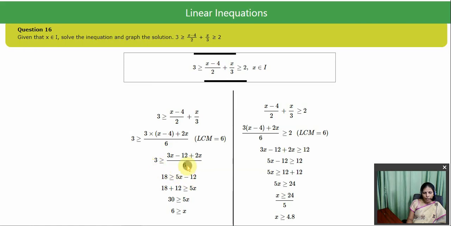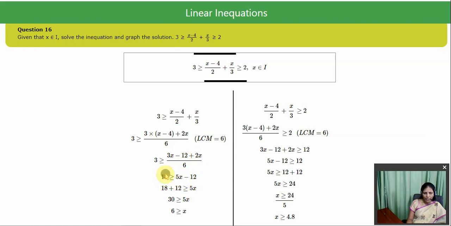Now I am multiplying both sides of the inequality with 6 to remove the denominator. We have to clear the fraction. So the LHS becomes 18, and on the right the 6 and 6 get cancelled. So you get 3x minus 12 plus 2x. Combining 3x and 2x gives 5x minus 12.